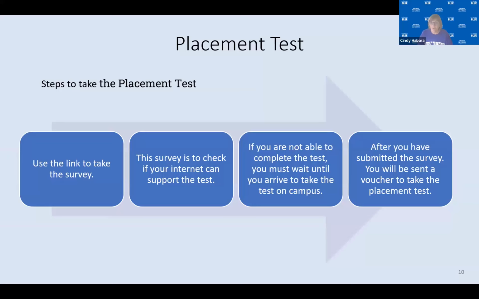Typically, we do not work on the weekends, and so the staff needs time out of the office with their families, and so we do not expect the staff to respond to emails late Friday or Saturday or Sunday until Monday. So keep that in mind. If you email us late Friday, we will not respond until Monday.